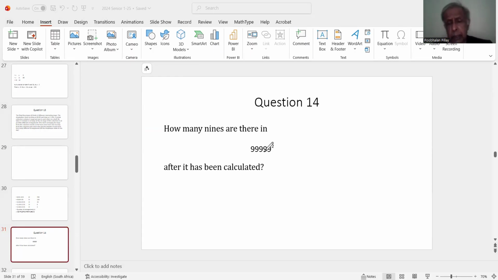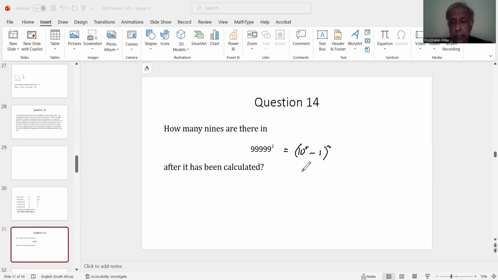But we can simplify this problem considerably by noticing that this number here is only one short of 10 to the power of 5. 99,999 is one short of 100,000. 100,000 has got 5 zeros. So it's one short of that. So we can square this.